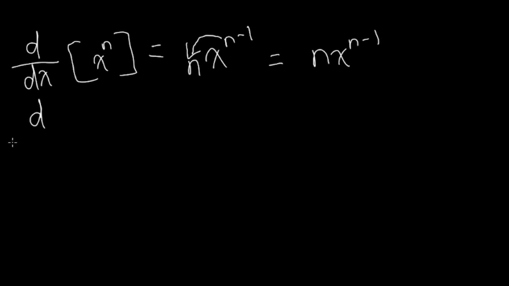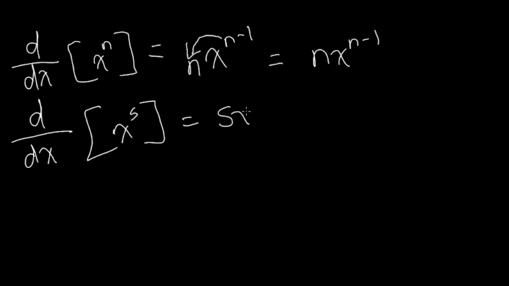Likewise, if we consider the derivative of, say, x to the power of 5, the answer would be 5x to the power of 4, because what we did was we brought 5 to this side. 5 times x is equivalent to 5x, and we subtracted 1.